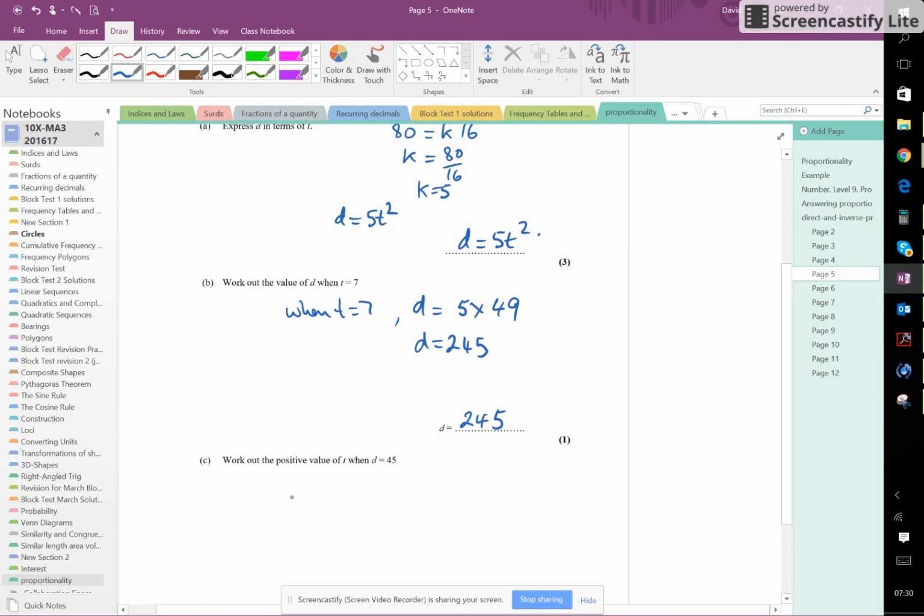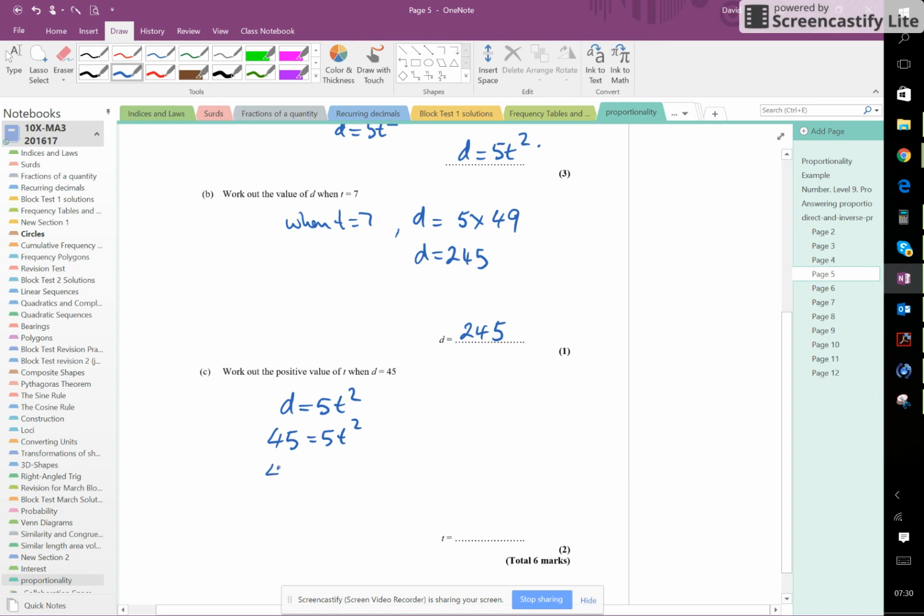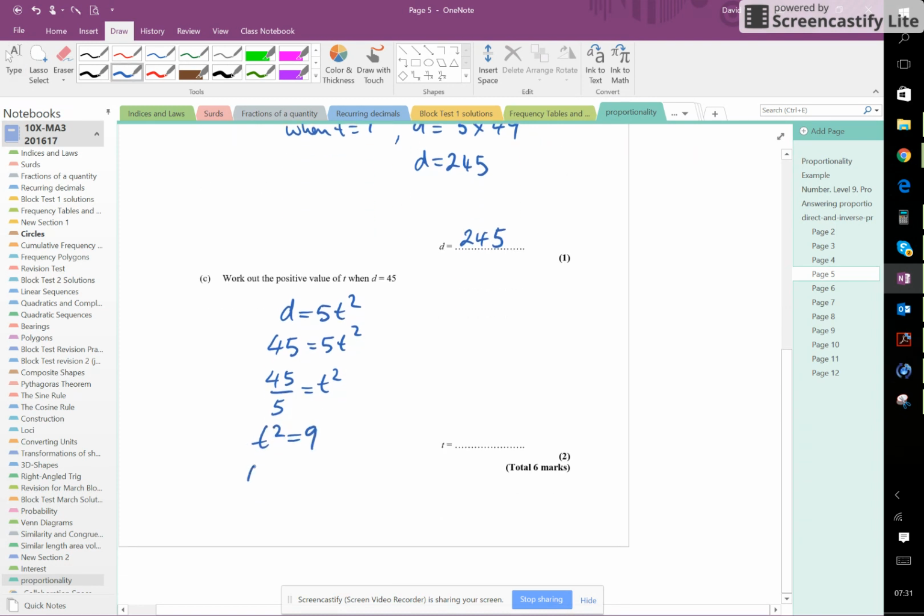So again, we're going to use our formula, d equals 5t squared, and we want to find out when d is 45. So we get 45 is 5t squared. Divide both sides by 5. So we get 45 over 5 equals t squared, and 45 over 5 is 9. So we get t squared is 9. And if you square root, you must do plus or minus the square root of 9. So t is plus or minus 3, but it asks us the positive value, so therefore t equals 3.